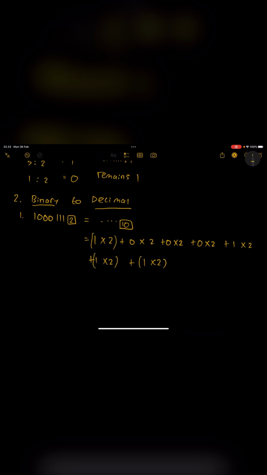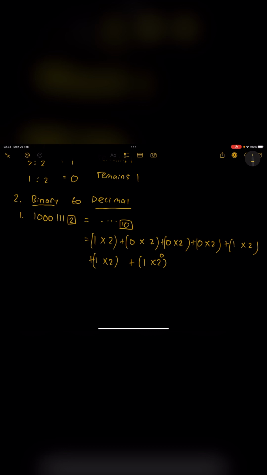But the basis, the number 2, has a power, and you write it from the LSB. The LSB is the first one, and the power of the 2 will be 0. Then you continue to the left, from the LSB to the MSB, and each time you go to the left, you add the power by 1.